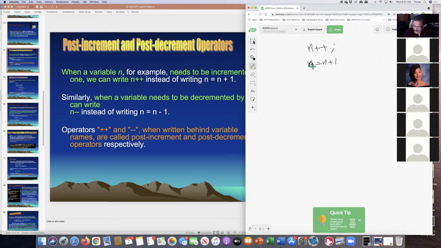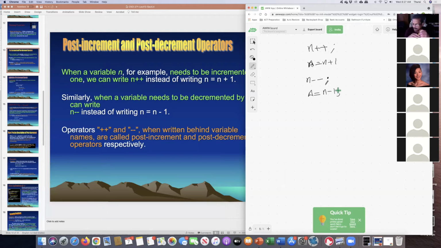Similarly, n minus minus is used to say decrement n by 1. You can write n minus minus as a statement, with a semicolon, but most commonly it's used within an expression. So n minus minus is the same as saying n equal to n minus 1, reduced by 1. But the convenience is that when you need to increment or decrease n by 1, you would otherwise have to write a separate statement.